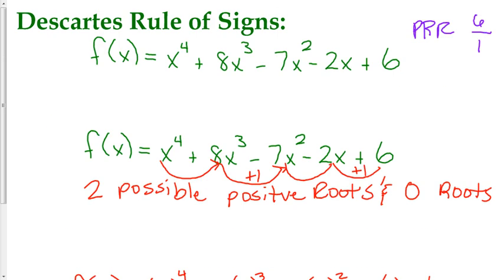Finally, the last thing for this section deals with once you start doing your synthetic division and trying out different values for it and finding some things, there is an upper bound rule that you need to understand.